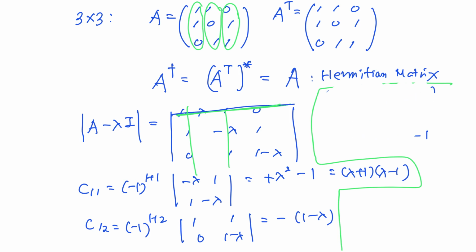C11 was not this one. C11 was you delete this and this. So one minus lambda, 1 minus lambda, right?